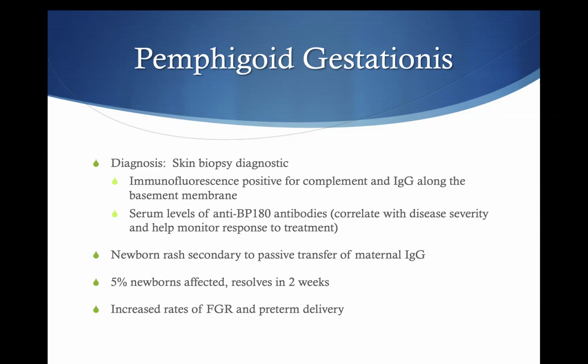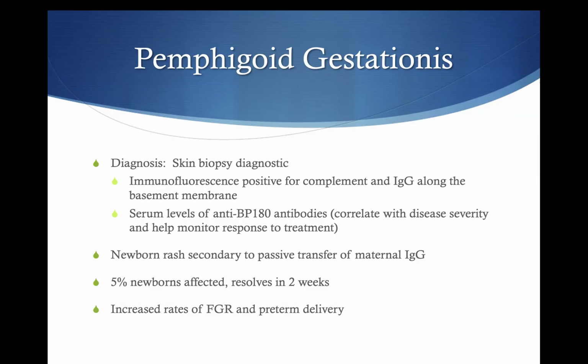This condition can be associated with a newborn rash due to passive transfer of the IgG antibodies. Overall, it seems like 5% of newborns are affected, and if they are, it will resolve spontaneously in 2 weeks, usually doesn't require treatment.